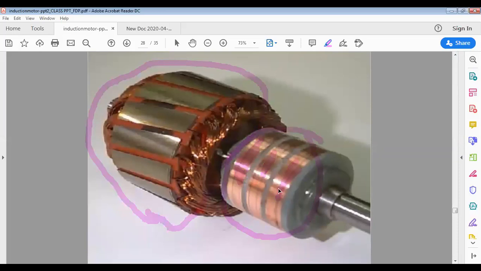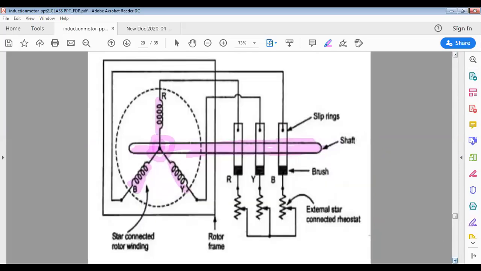In between these rings, mica is there. Clear to all of you? Sorry, not end ring, slip ring it is called. The first slip ring is made of copper, the second slip ring, and the third slip ring. All 3 are made of copper, and mica is there between them.